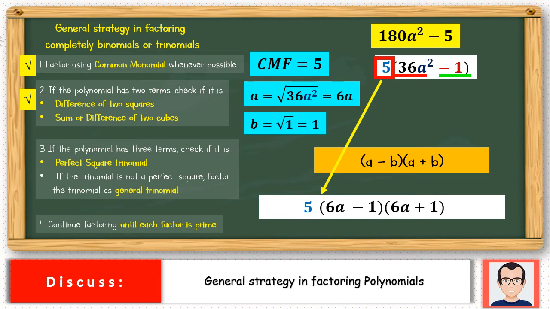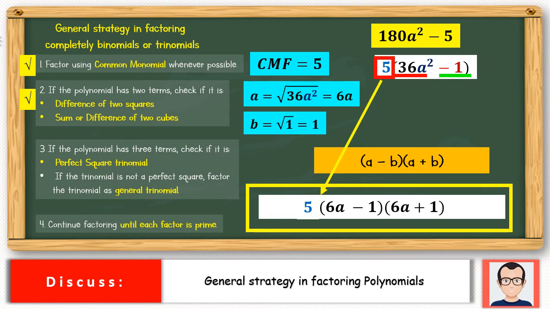So we will have 5 times 6a minus 1 times 6a plus 1. Got it? It's quite tedious, but by following the procedures accordingly, we will be able to familiarize ourselves with the pattern that is part of it. Let's try another one.